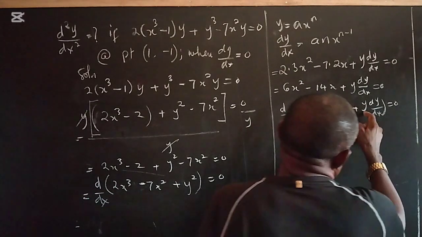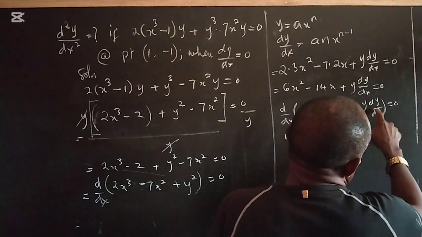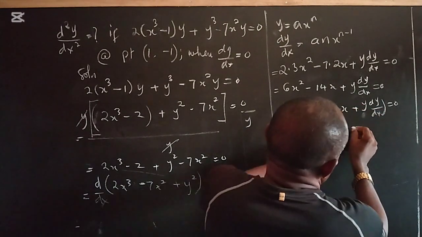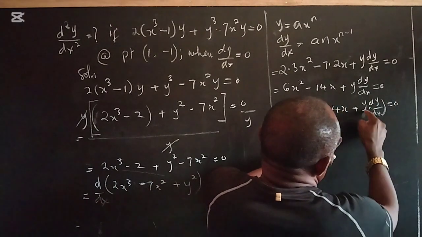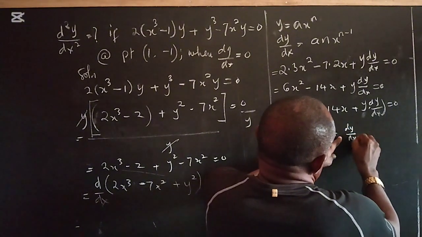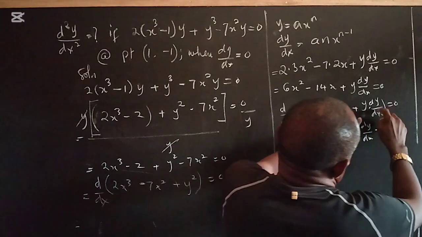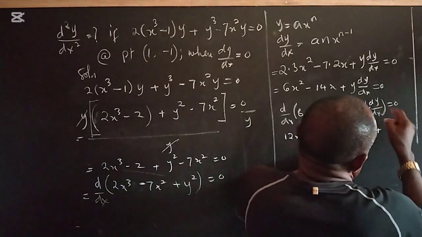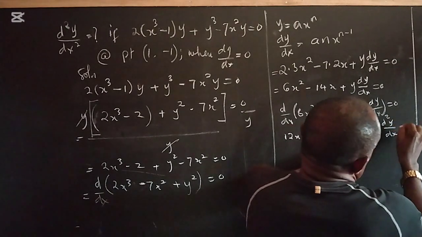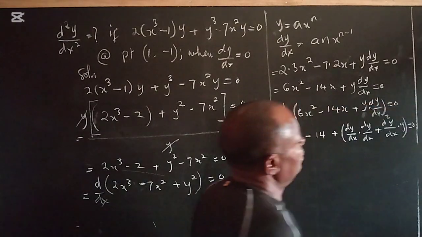Then you differentiate this: we keep one part constant and differentiate the other, so this multiplying that gives dy/dx times dy/dx, plus, we now differentiate again, we have d squared y over dx squared, keeping y constant. The result is equal to 0.